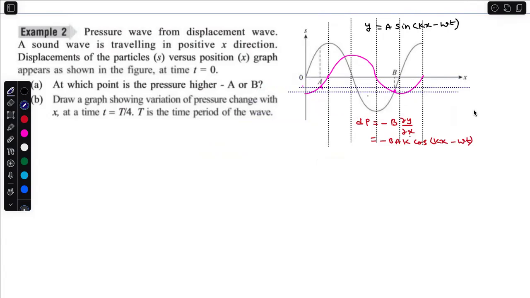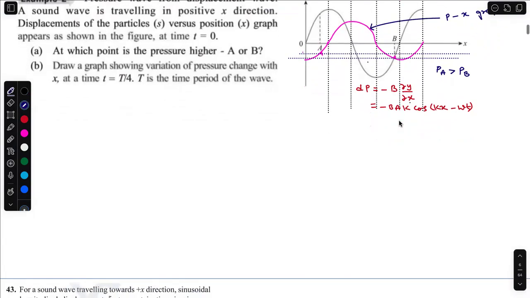Now please tell me, at A is the pressure low or at B? The pressure at B is low compared to A. Both are low, but among them B is lower. So the pressure at A is clearly greater than the pressure at B. So this line represents the P-x graph. Any doubt in this, boys and girls?